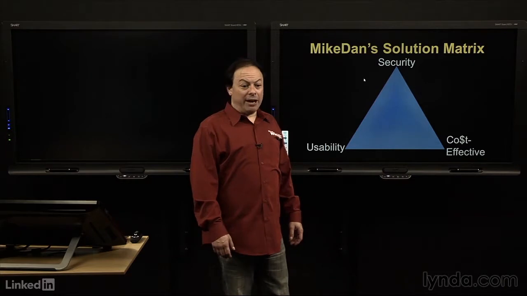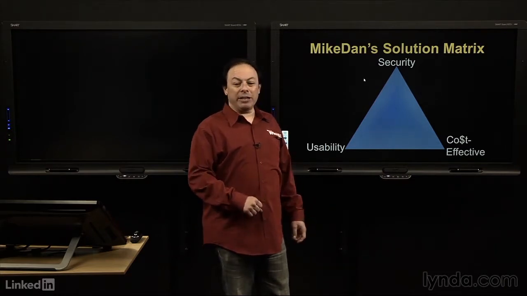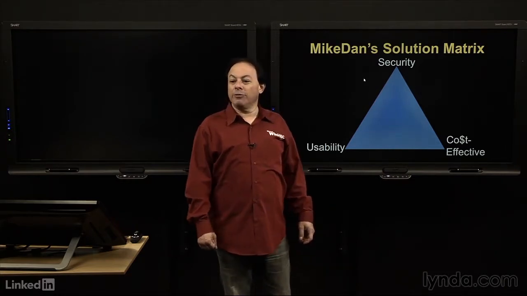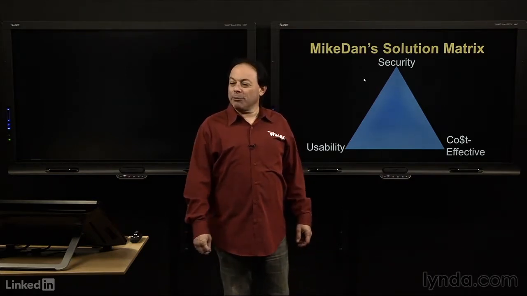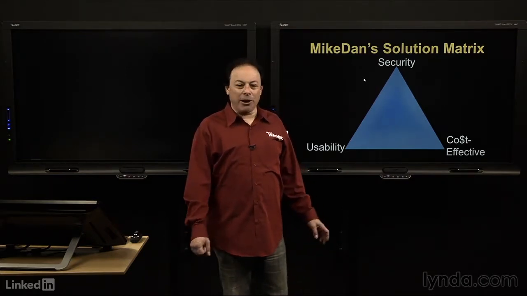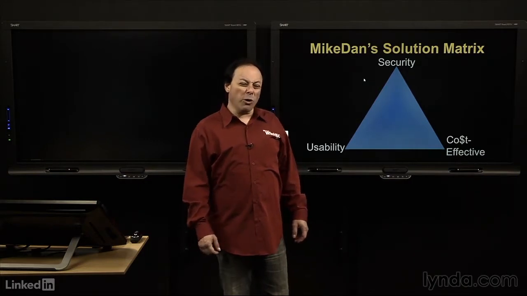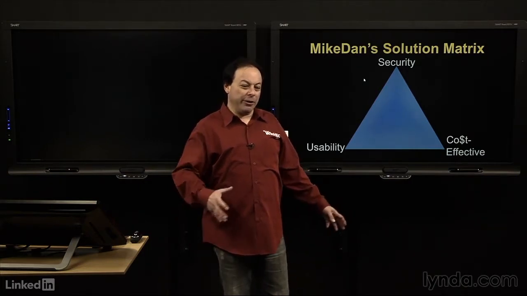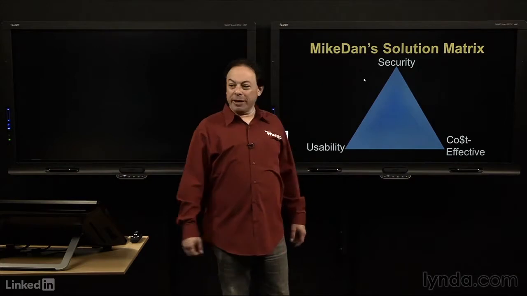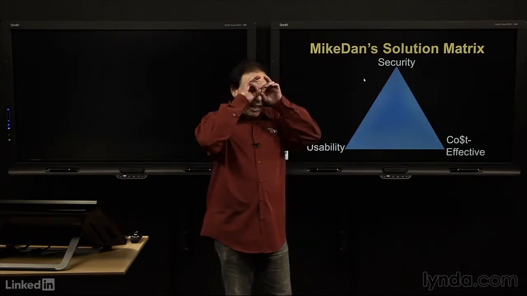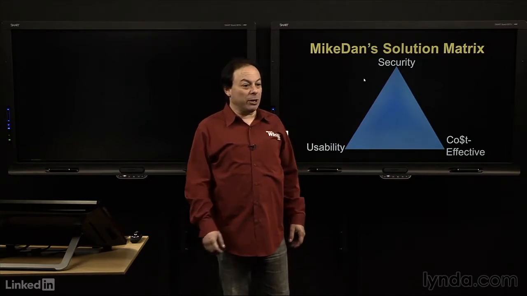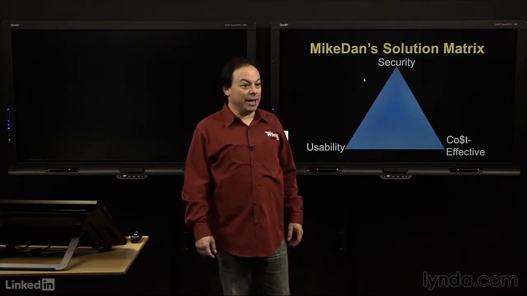Usability, you might have an employee base that's comprised entirely of geniuses that have no problem with any type of nasty usability or nasty character-based interface or horrible security configuration. You might have a user base unique to probably your environment that don't mind sticking their eyes in retina scanners whenever they want to log on or make a network connection.